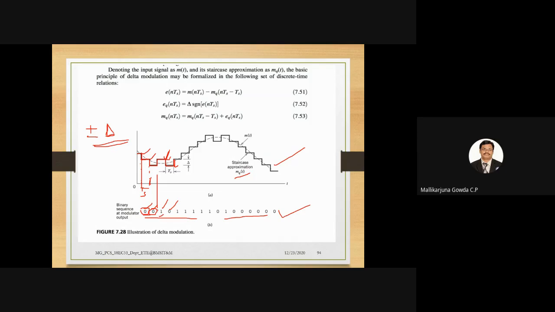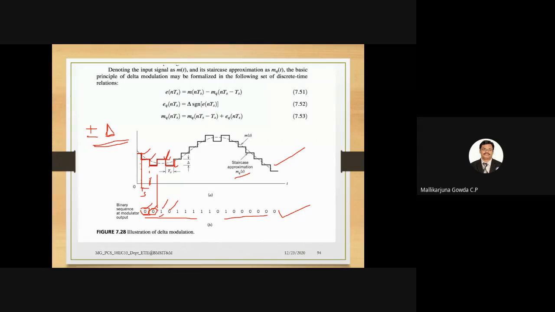Again, I compare that value with my analog input signal. Since here also it is greater than the analog input signal, I will decrement further by delta. That value will be there till the next sample interval. Now I compare this approximated signal with the analog input signal. Now my approximated signal is less than the analog input signal.